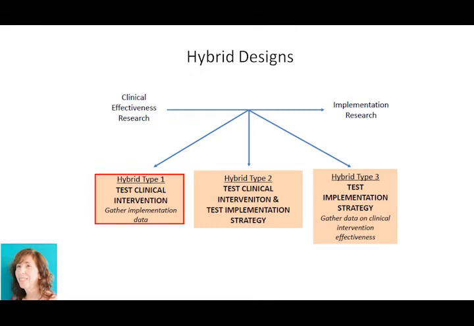And at the same time, we explore barriers, facilitators, and we measure some process indicators. But the primary aim of the study is clinical effectiveness, clinical outcomes. Implementation outcomes are secondary aims, and we study them because we know that this information will be useful when we think of implementing the intervention in the real world.